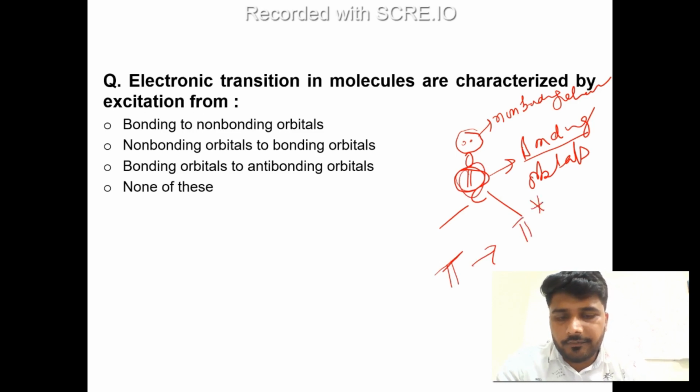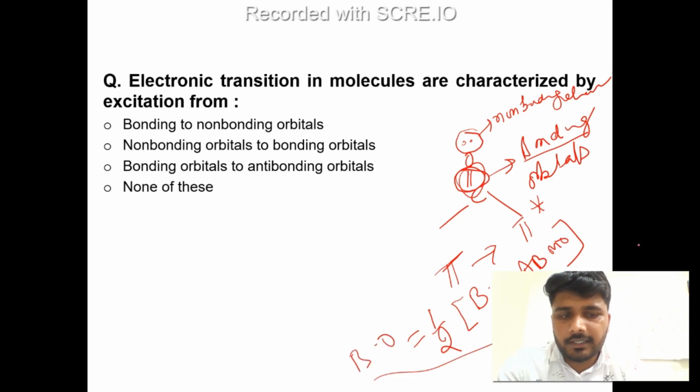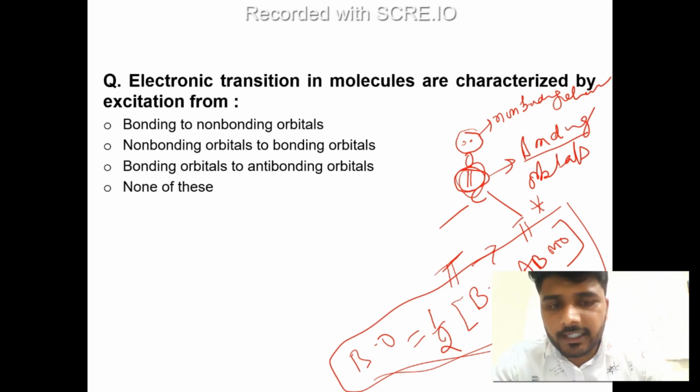If you know about bond order, we define it as one-half of the bonding orbitals minus the anti-bonding molecular orbitals. This is the bond order formula. Here the non-bonding electrons do not take part in bond formation. So the transitions in the molecule are characterized by the excitation from.